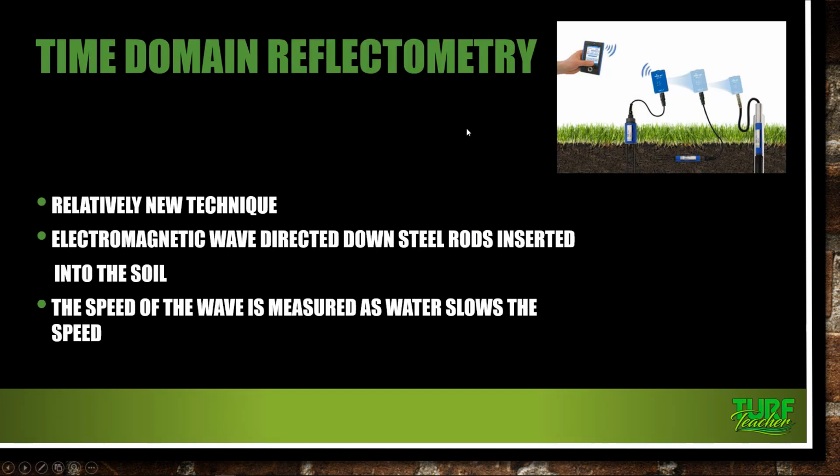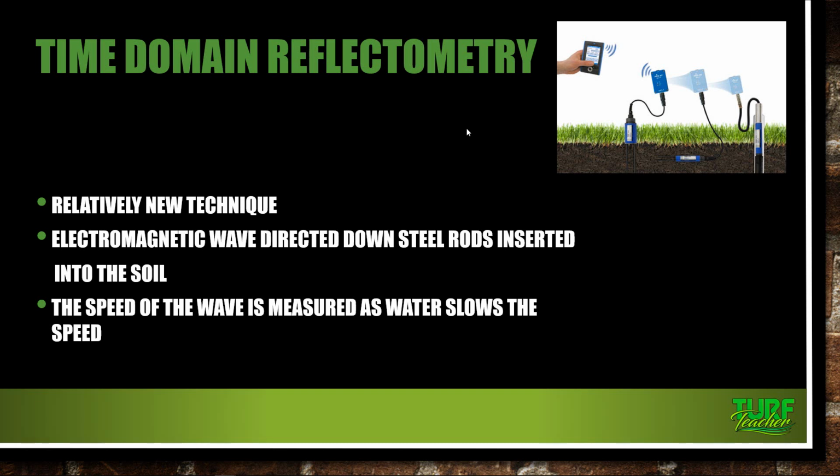All right, so let's talk a little bit about some of the equipment that we can use to test how much moisture is in the soil. Time domain reflectometry, sorry, tongue-tied. It's a relatively new technique that's out there.